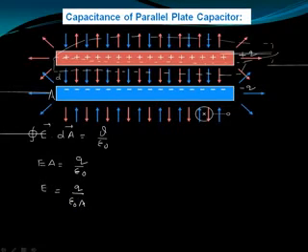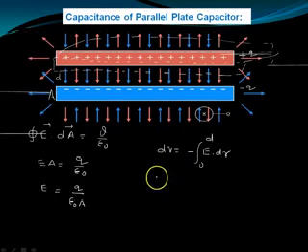Now we all know dV is written as minus E dot dr. We all know very well. Now potential difference when you move from the lower surface to the top, means 0 to D, in this situation from 0 to D we say E and dr both are opposite.